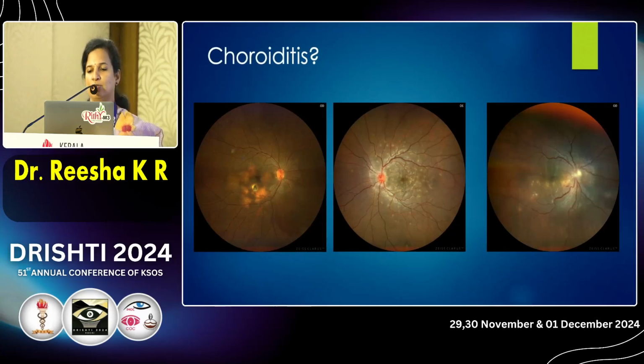Look at these white dots in the posterior pole. In the first photo, it's not associated with vitritis, deeper lesions. These are all choroidal granulomas associated with sarcoidosis. In the second picture, more whitish dots, again deep choroidal, associated with disc edema.